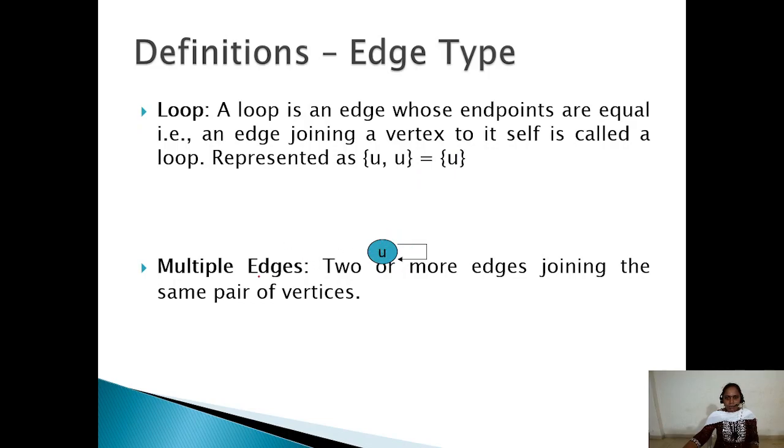Next, multiple graph, multiple edges. Two or more edges joining the same pair of vertices. See one example.